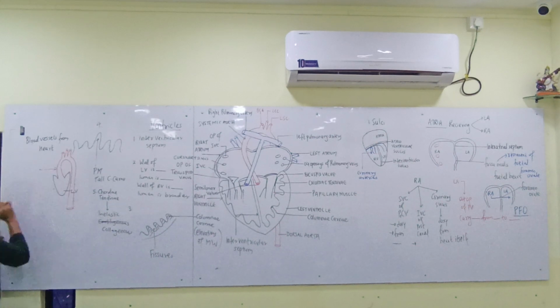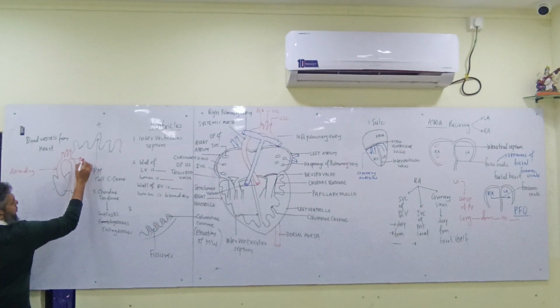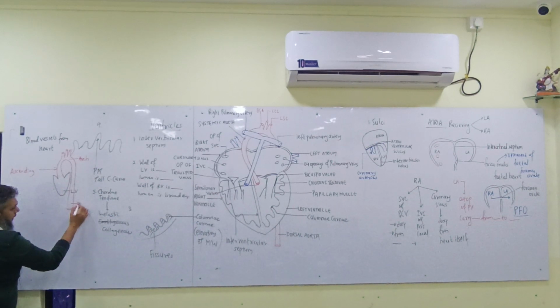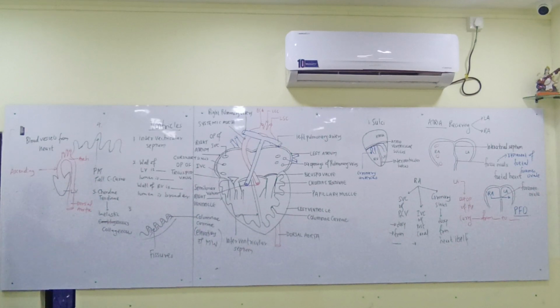Which has three main regions: the ascending part of the aorta, which is going up. Then the part which arches is called the arch of the aorta, and the one which comes down is the descending part or the dorsal aorta. So from the LV, who is LV?